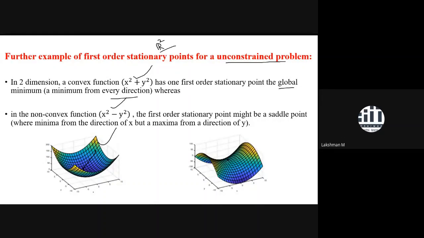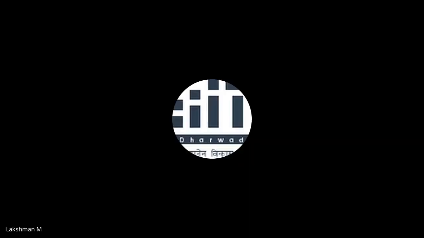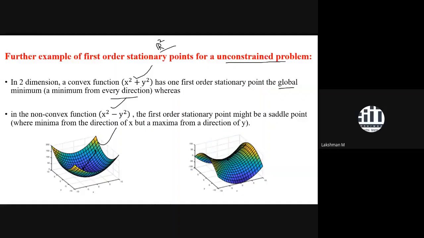Here in a non-convex problem, what you observe is that in one direction the function decreases, and if you proceed in another direction the function value increases. So there is a change in concavity. In one direction we observe concavity is up, in another direction concavity is down. That's why this is a saddle point situation.